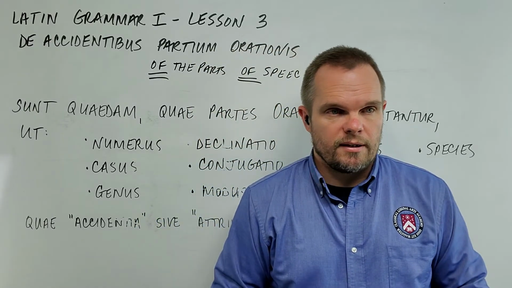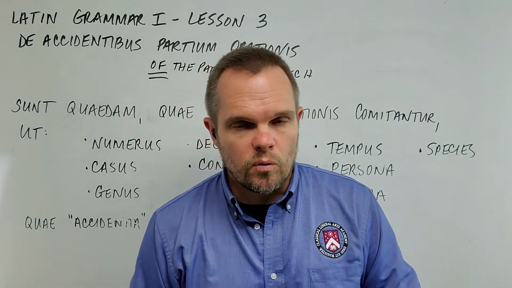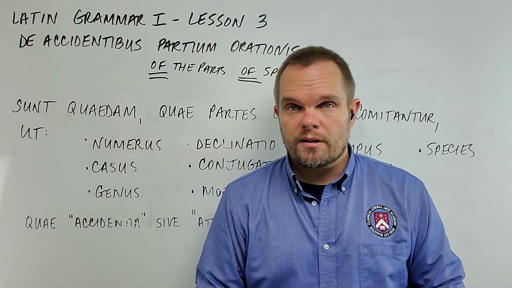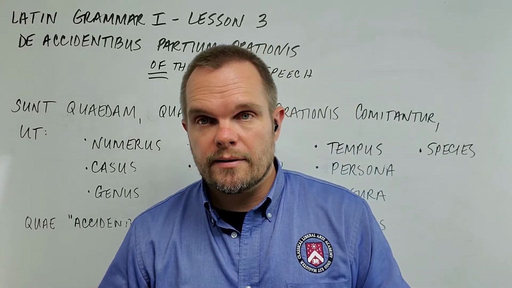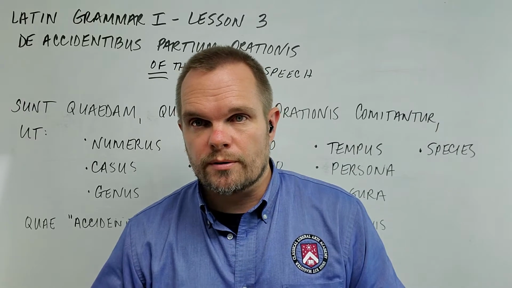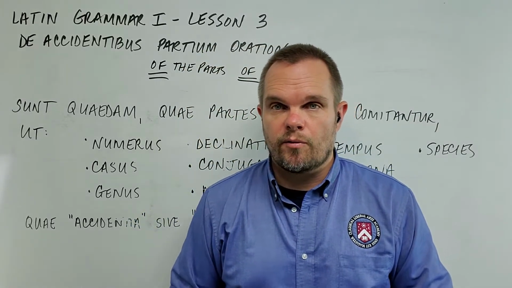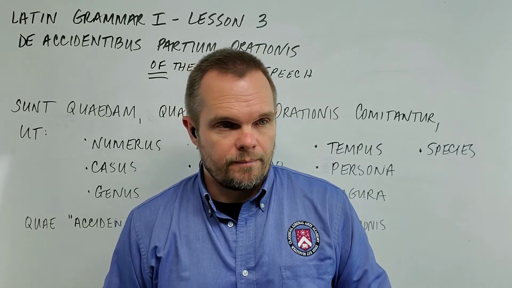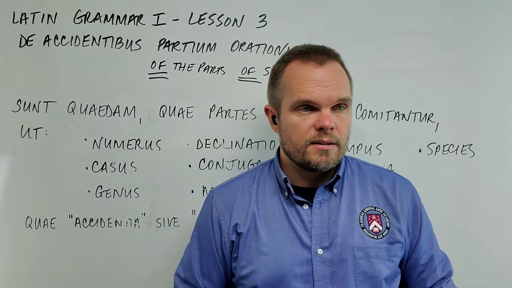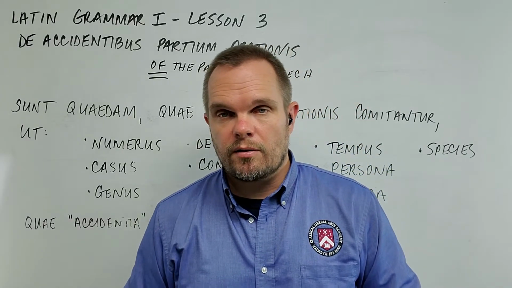Next, the fourth declension, cuius genitivus terminatur syllaba us. The fourth declension, the genitive singular form ends with the syllable us. If we see us at the end of the genitive singular form for a noun, then we know it's a fourth declension noun. One example here, sensus. Sensus is the genitive singular form.